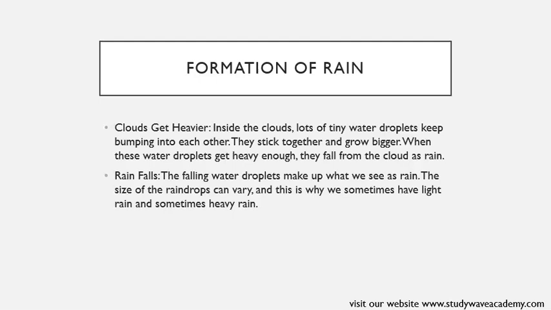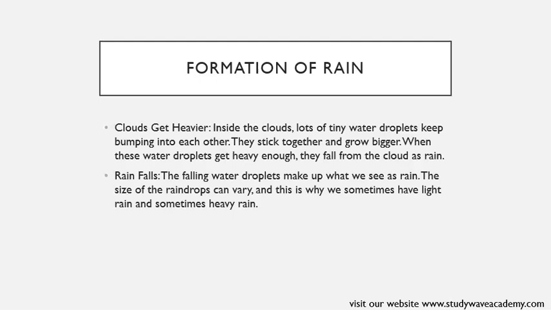The size of the raindrops can vary, and this is why we sometimes have light rain and sometimes heavy rain. Small drops might float in the air longer before reaching the ground, while larger ones fall faster. When many raindrops come together, it forms a steady rainfall.